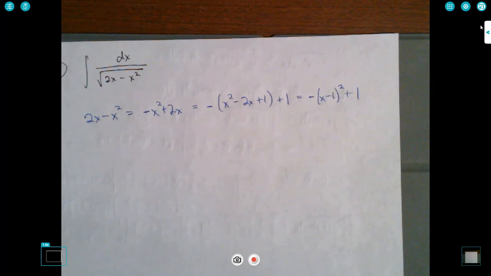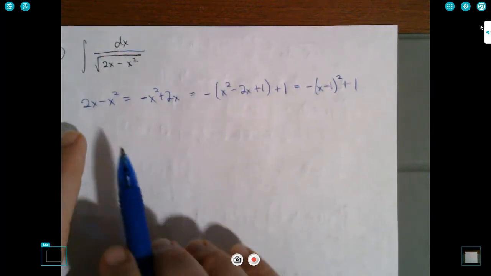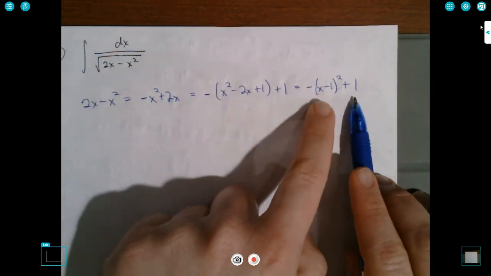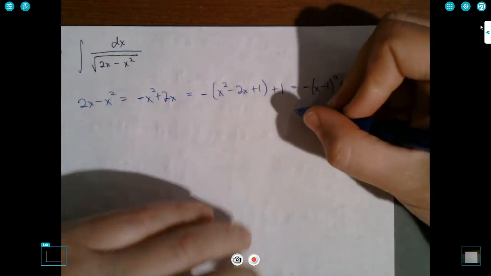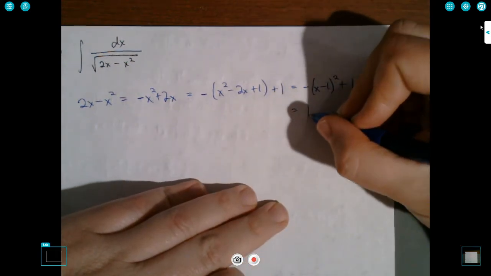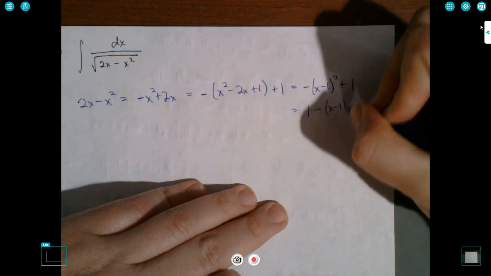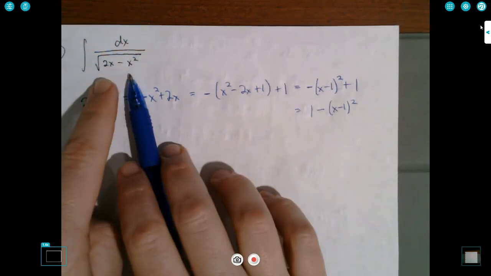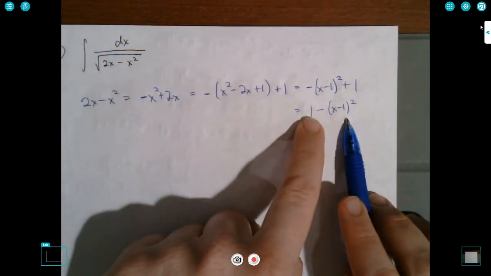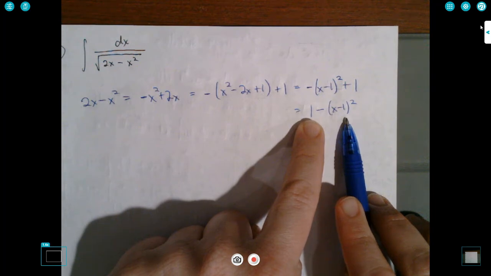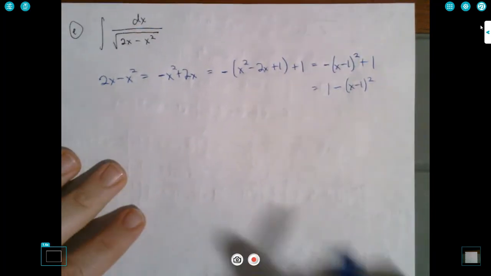Okay, so I've completed the square. And I can take 2x minus x squared and replace it with this. In fact, let me go one step further and call this 1 minus x minus 1 squared. So I can replace 2x minus x squared with 1 minus x minus 1 squared.